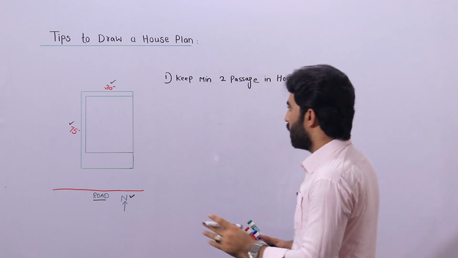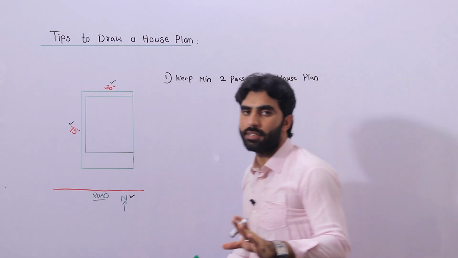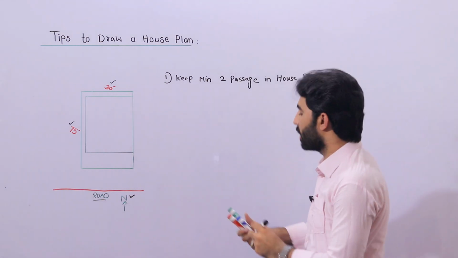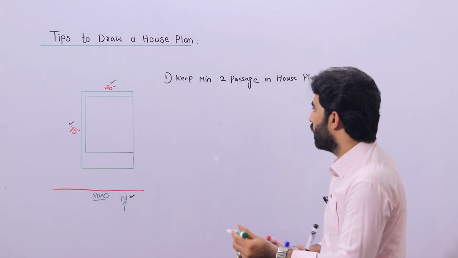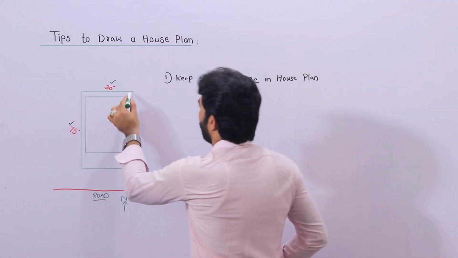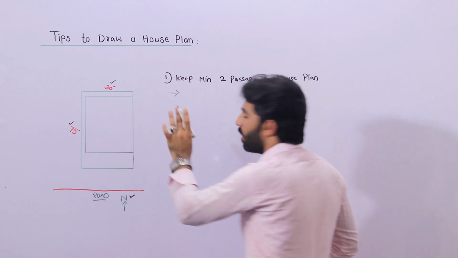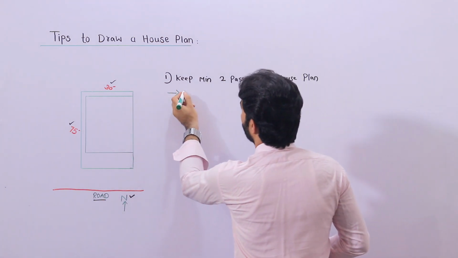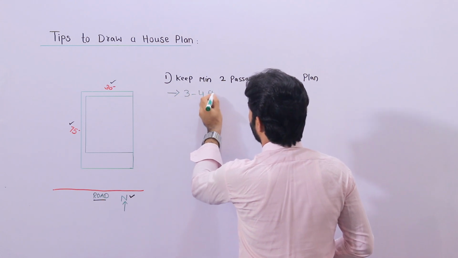As I told you before, back side and left or right side, a minimum of two passages are important. Now in the first step, it is very important to know about the width of the passage, okay? The width of the passage, normally you can keep from 3 to 4 feet, okay?